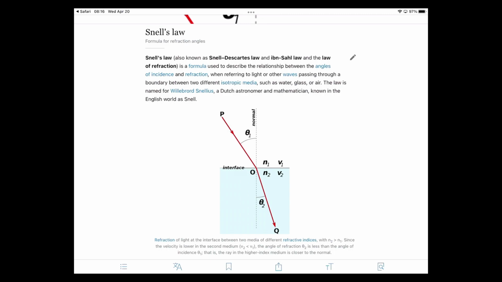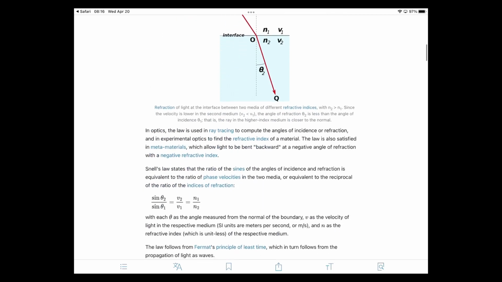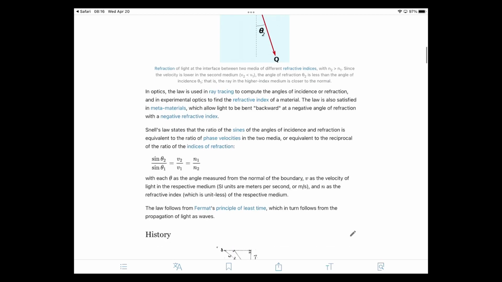But if there is a medium change, then that angle is going to change to some other value. And the relationship between those is this. The ratio of the sines of those angles is actually equal to the ratio of the velocities, which is interesting, right?